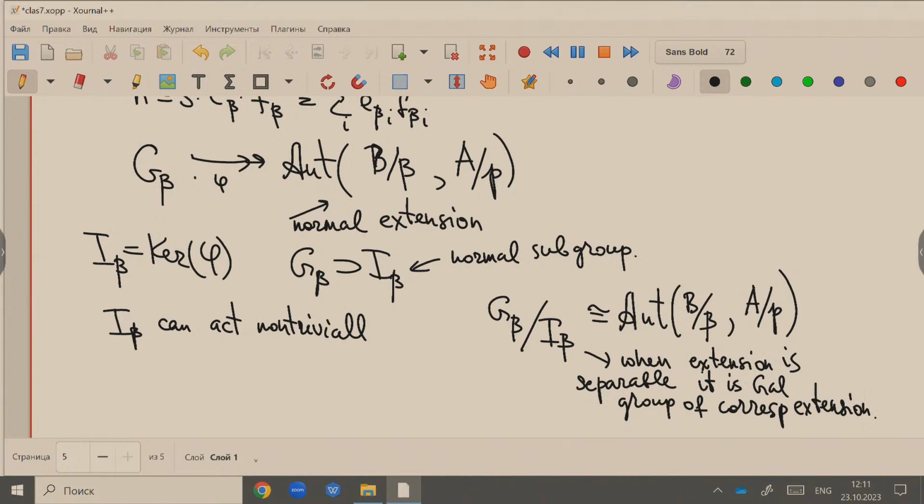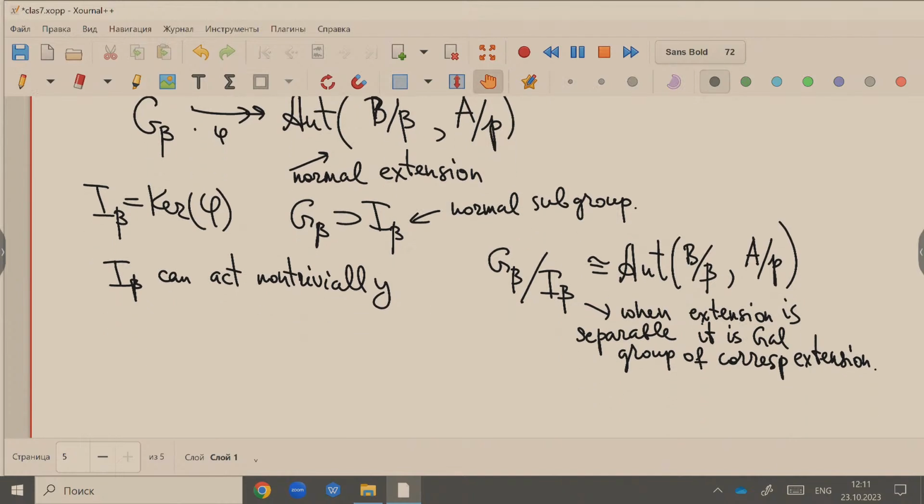So the inertia group can act non-trivially on B modulo beta.